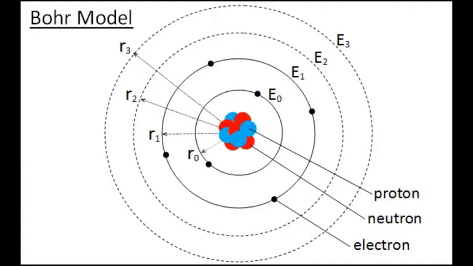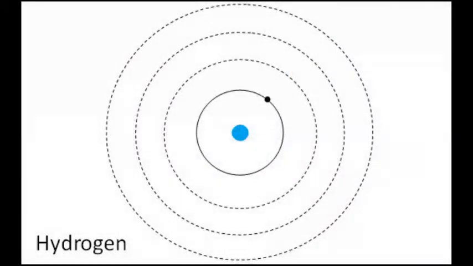And these energy levels are actually different for every element in the periodic table. So here is what represents the hydrogen atom. And for the hydrogen atom, these energy levels are 13.6 electron volts, 3.4 electron volts, 1.5, 0.85, and so on.